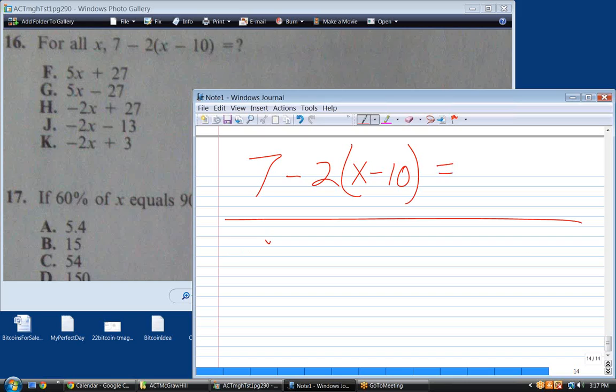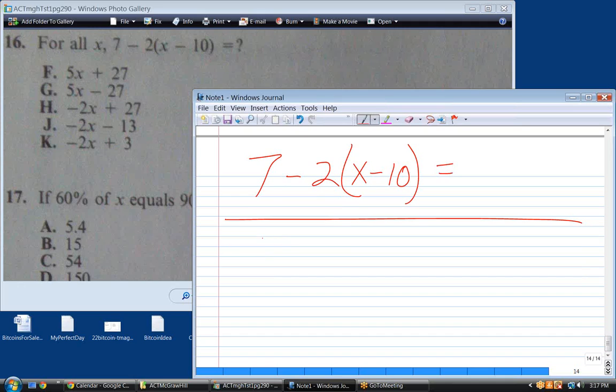Do they want us to solve for x? If we look at the answers, we clearly are not. The problem is merely to simplify this expression. So we could have spent a lot of time solving for x merely to discover that that's not what they want. So let's just simplify this.